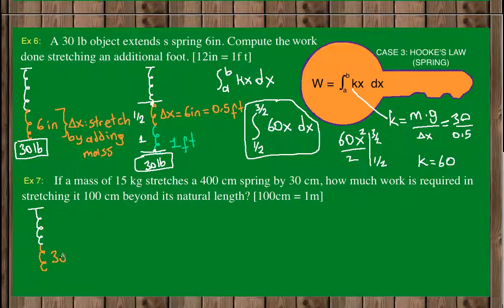So 30 centimeters is our delta x already, which is half a meter. And our natural length is 400 centimeters, which is 4 meters.